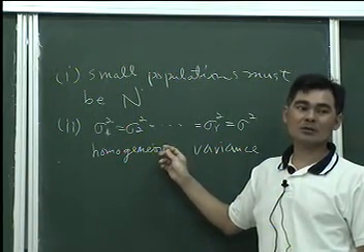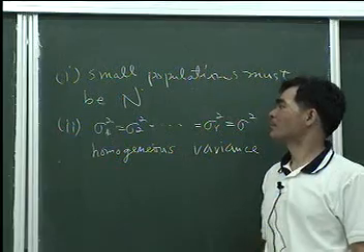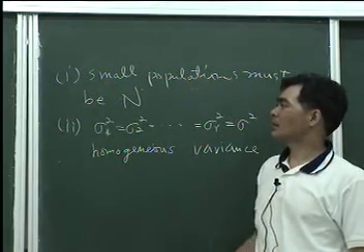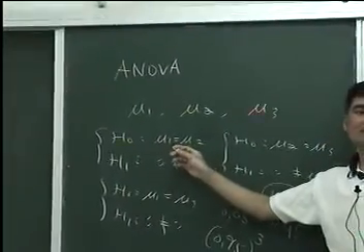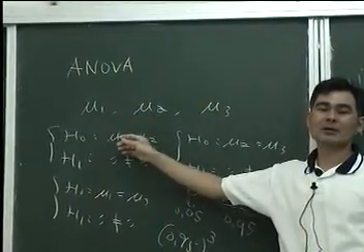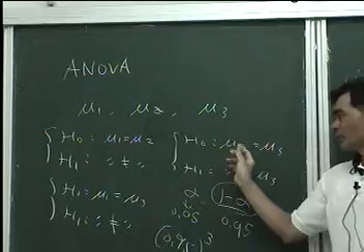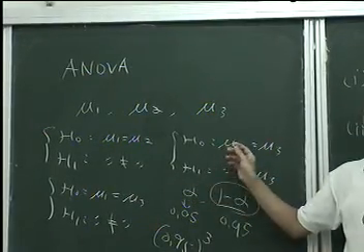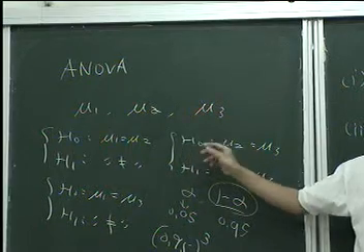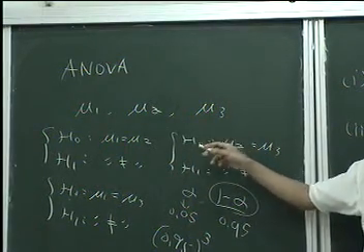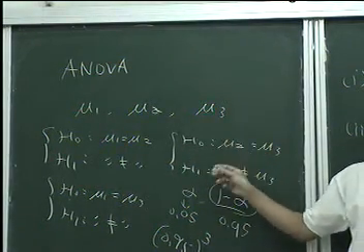You cannot use ANOVA if this is not true. Of course, in this case, from the traditional hypothesis test, you will compare mu1, mu2, mu2, mu3, mu1, mu3. From there, you know where the differences come from, because they may be different, right? And from here, you can tell where the differences come from.